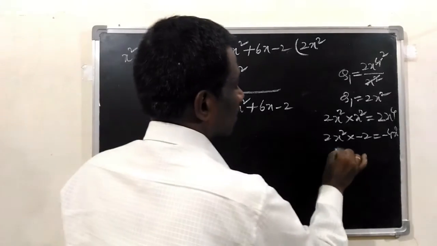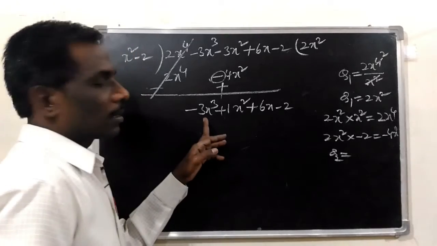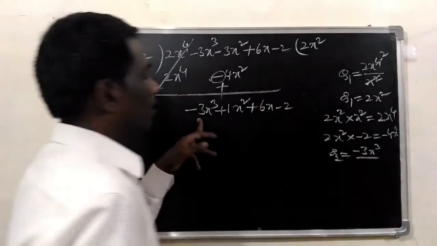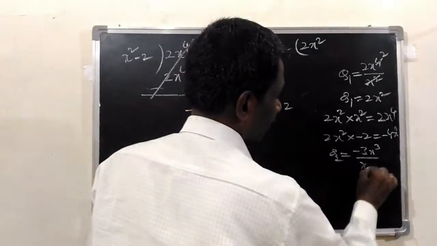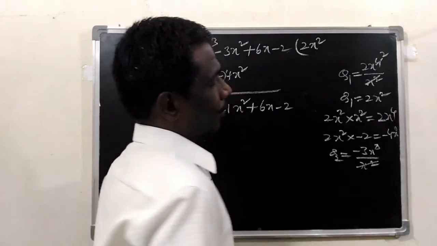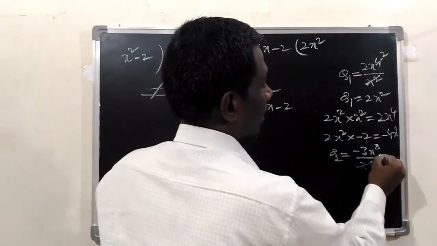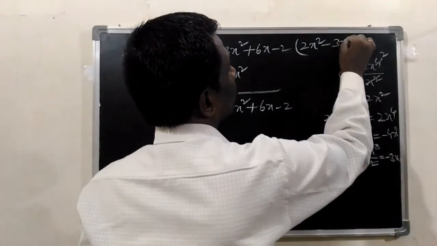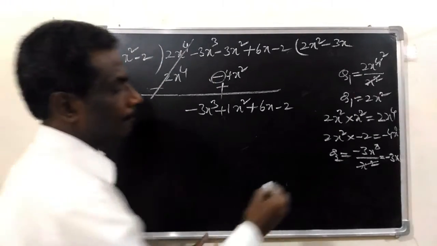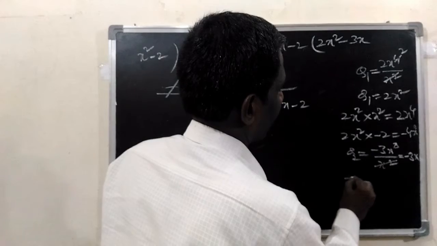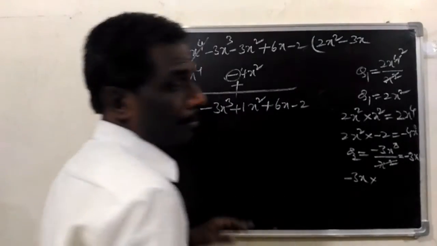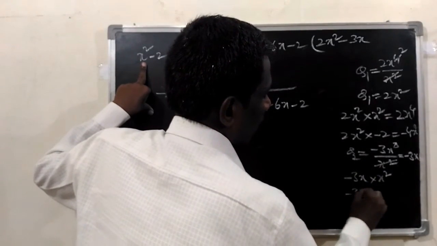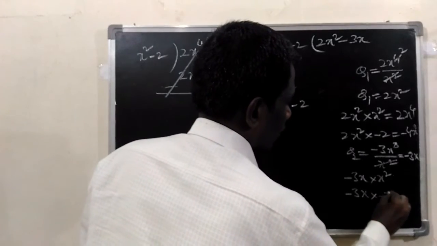Next, to find the second quotient, here this is the first term of the dividend, minus 3x cube, divided with x square. Cancel 2 x terms, there remains 1 x term in the numerator. That is minus 3x. Minus 3x is the second quotient. Now the second quotient, minus 3x, is multiplied with the first term of the divisor, x square, and the same is multiplied with minus 2.